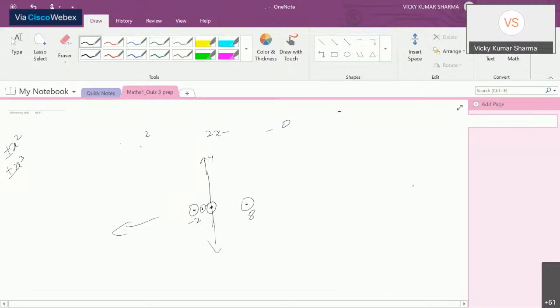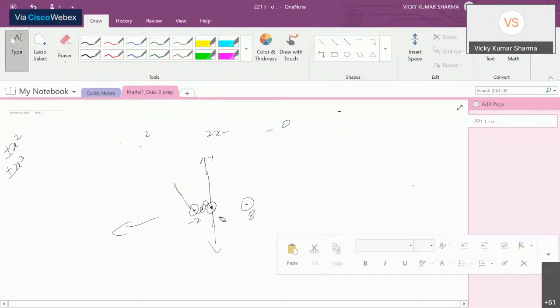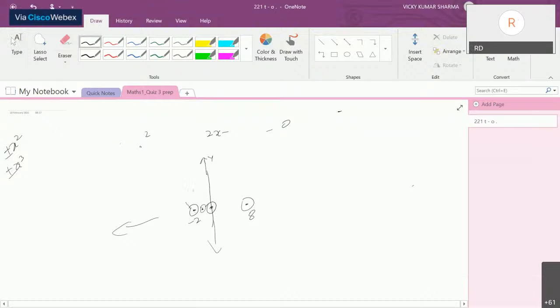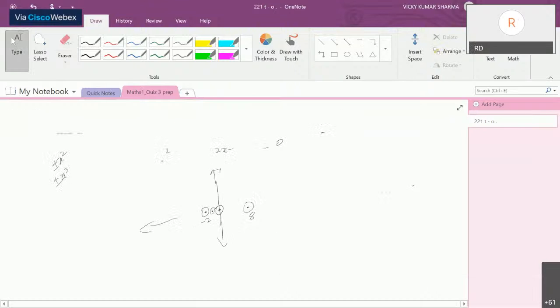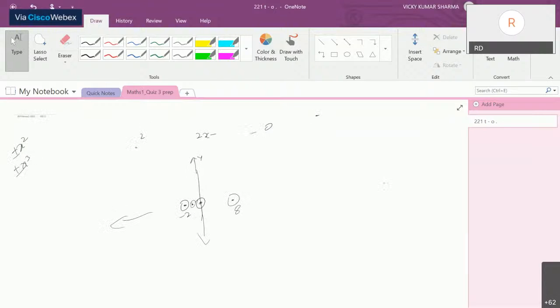So what it will be here, Apul, is something like this. You can have some real roots as well. Okay, I'll just see the chart.